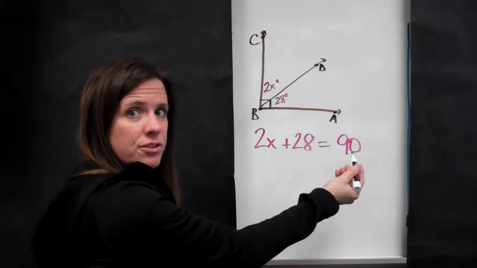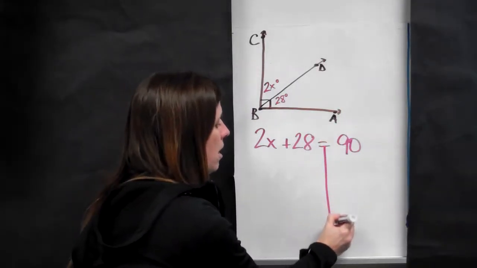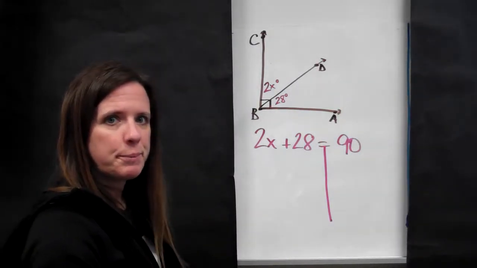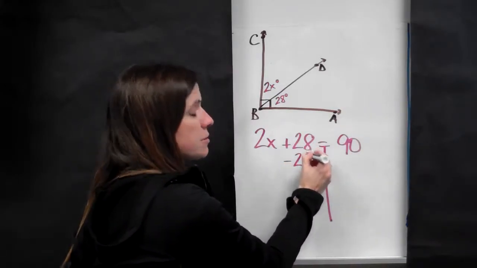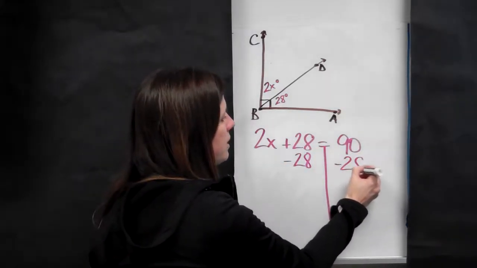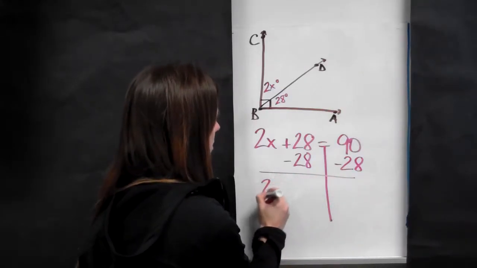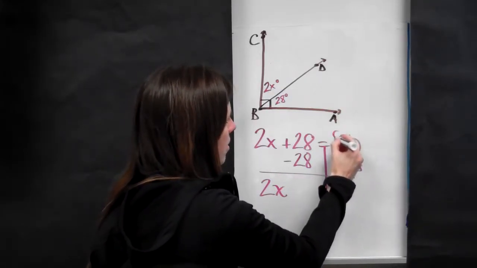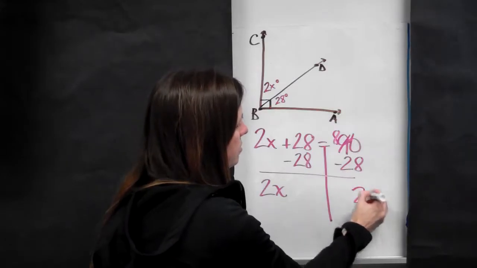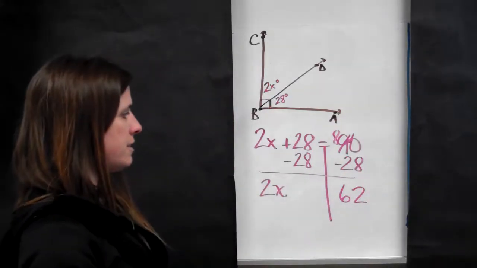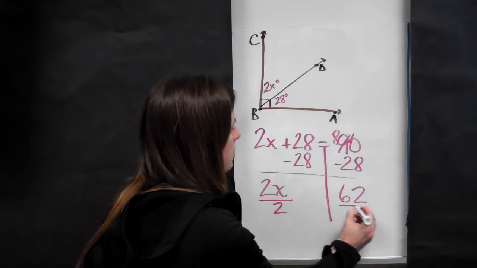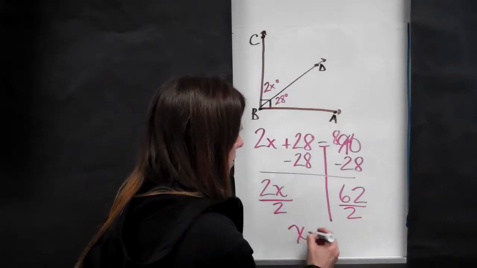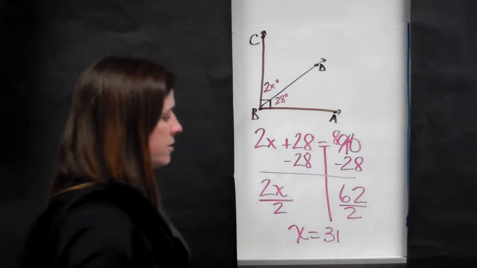I've got my equation. Build my wall, and we're trying to isolate the variable. So the first step is to move the constant over. Since it's plus 28, we're going to subtract 28 from both sides. 90 minus 28 is 62. 2x equals 62. To solve for x, we're going to divide both sides by 2. So x is 31.